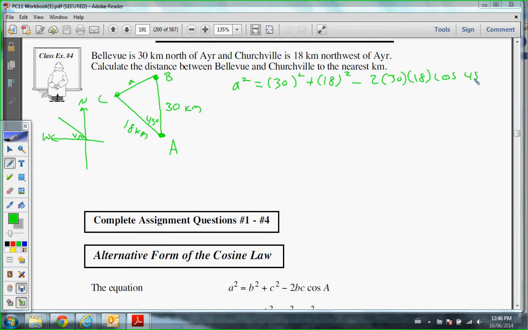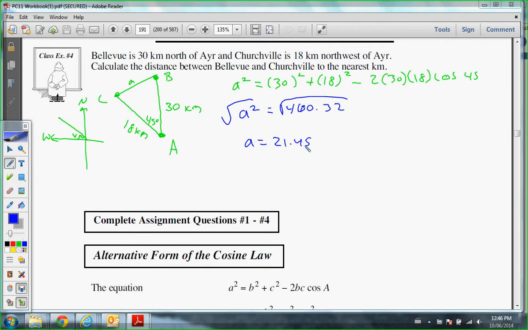I'll give you a second to try to calculate that in your calculator. You should get something like this. A squared should be about 460.32. Our last step is square root. You should get A is 21.45.